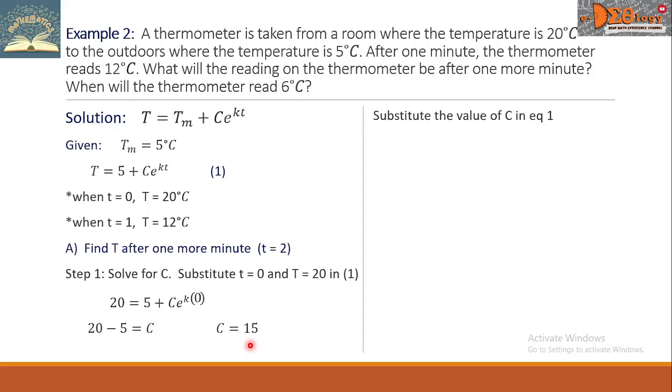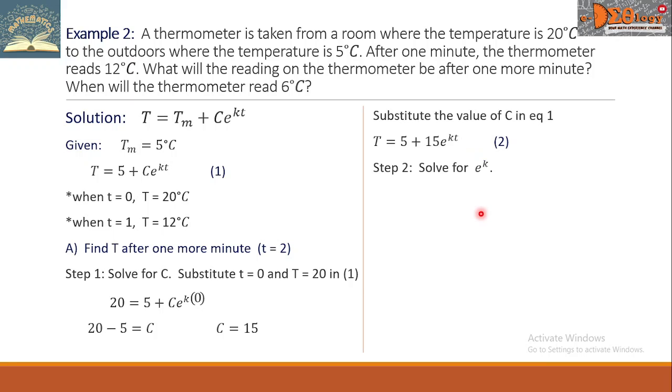Now let us substitute the value of C in equation 1. Equation now becomes like this. Capital T equals 5 plus 15 times e raised to kt. We will regard this as equation 2.